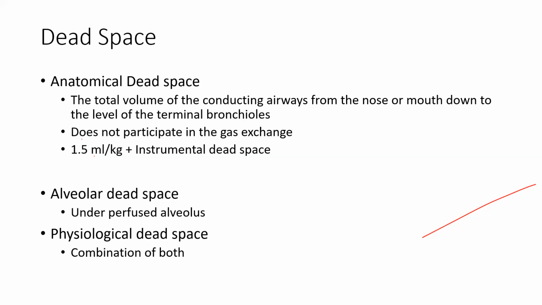Effectively, the physiological dead space is a combination of anatomical dead space plus alveolar dead space. So keep in mind, whenever you're adjusting the ventilation, if your baby is not behaving the way you expect, think about dead space. Is it contributing to the ventilator parameters that you're adjusting?